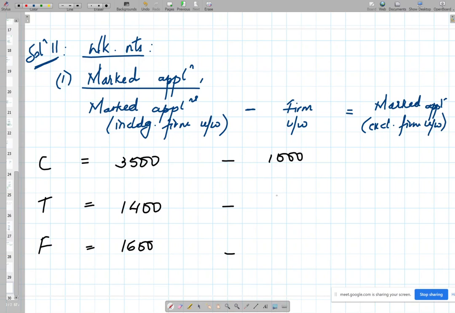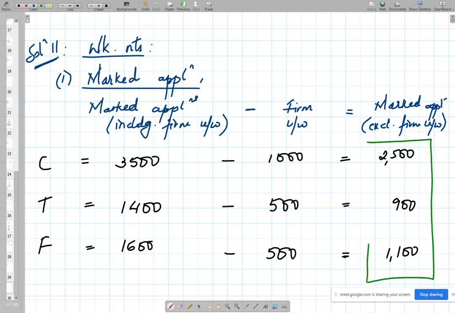Now actual marked applications without considering firm underwriting are 2,500, 900 and 1,100. Is this clear? This is what we will take in our statement as marked applications, and not the original figures that were given.